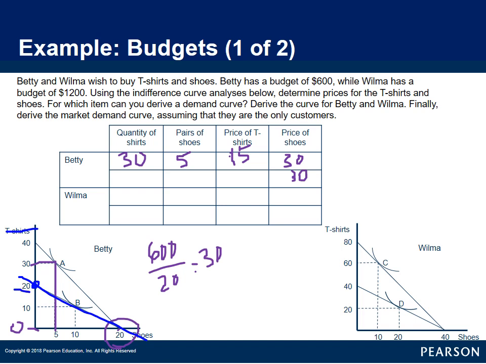So to figure out the price of t-shirts, we take 600 divided by 20, which is 30, just like the shoes. So this second price of t-shirts is $30.